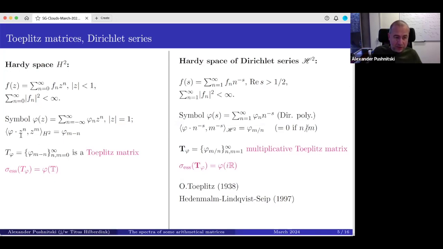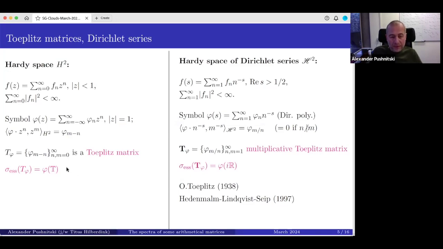So you multiply phi by z^n. So here z^n is an element of the standard basis in the Hardy space. And then you take the inner product with z^m. So you see that as a result, you get phi_{m-n}. Right? So the important thing here is that you have this m minus n structure. So a matrix of this form, where the entry depends on the difference m minus n, is called a Toeplitz matrix.